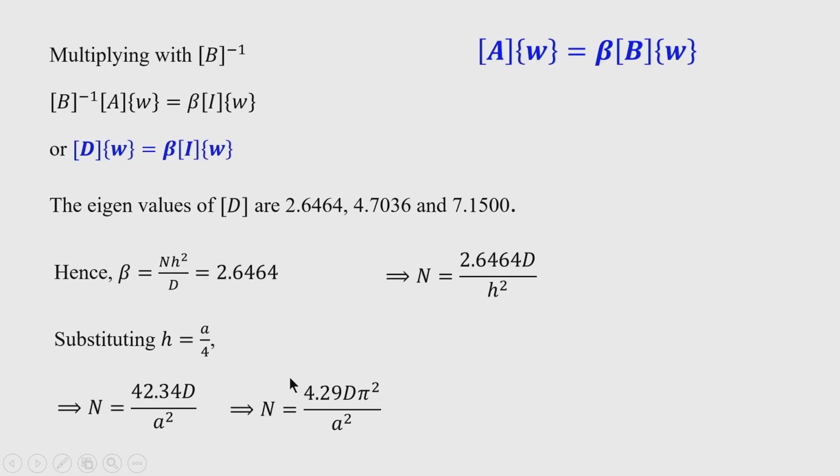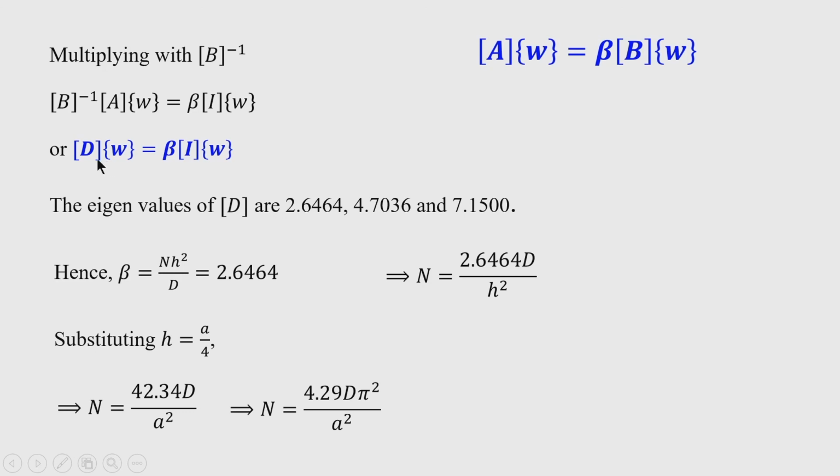So, you can see if I multiply this equation by B inverse, we can find an equation like that. If I multiply this equation by B inverse, then we can find this equation as a standard eigenvalue equation.